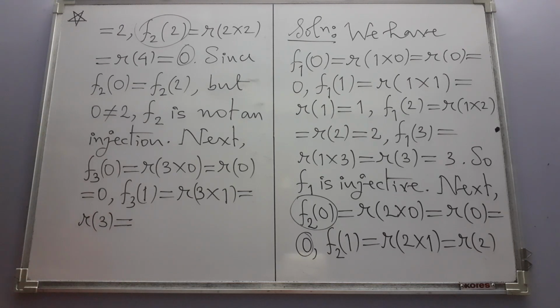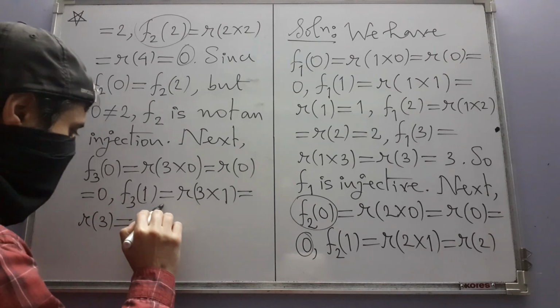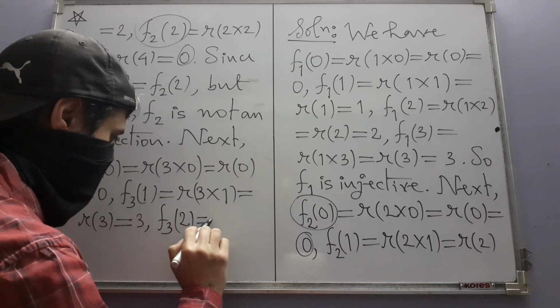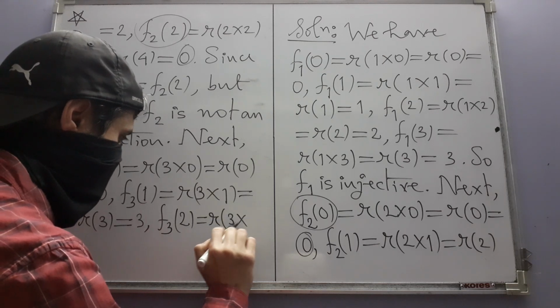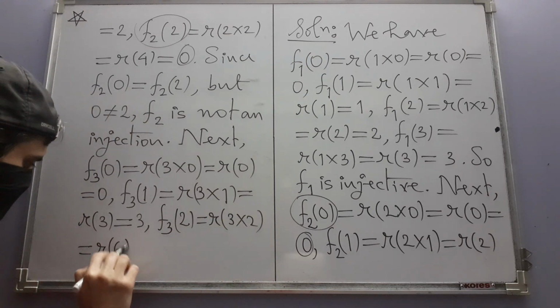So, what is R of 3? When we divide 3 by 4, the remainder is 3 itself. F3 of 2, R of 3 times 2, that is R of 6.